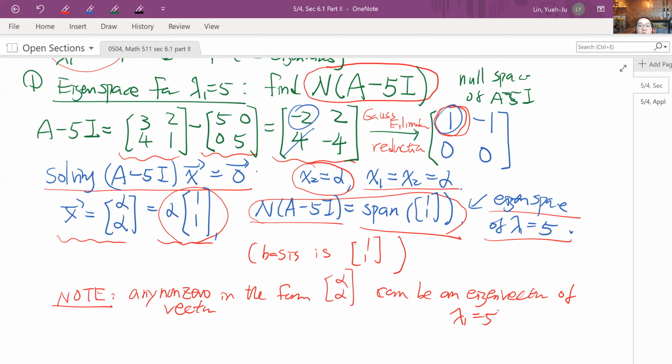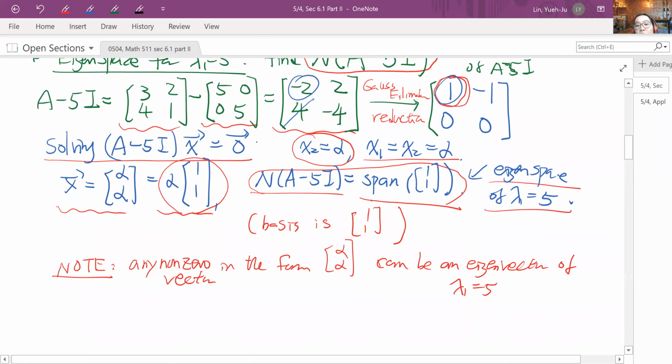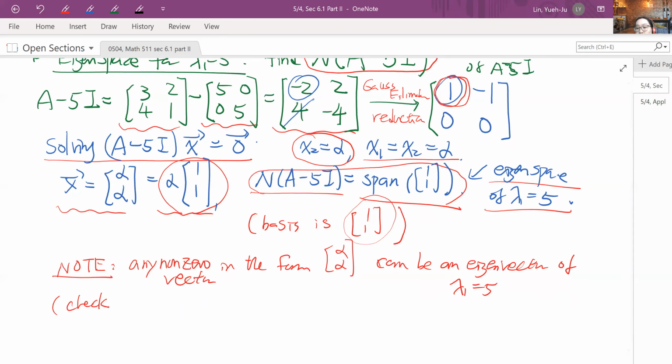Then you might ask, how am I going to check my solution? You can double check. For example, I claim, and you already tell me, the basis is (1, 1), so (1, 1) should be one of the eigenvectors.